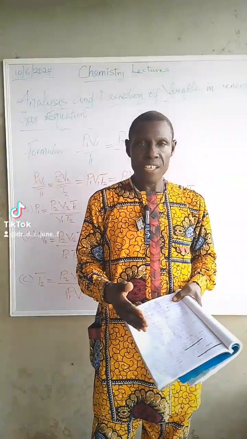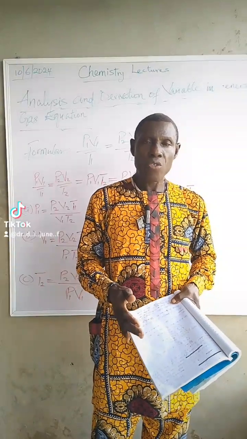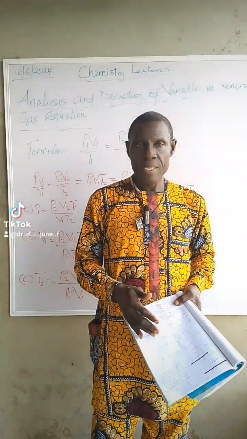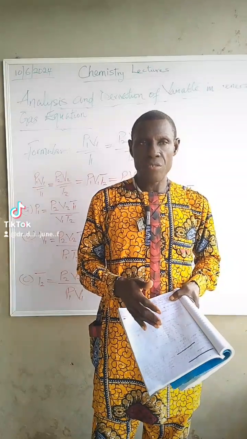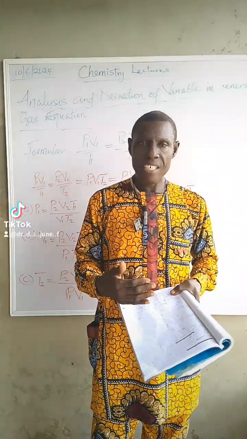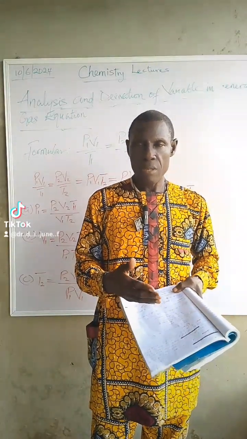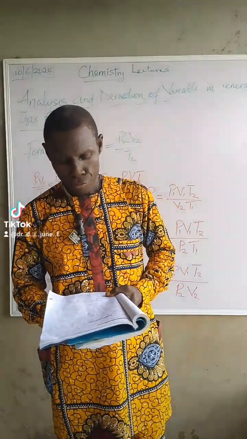So PV over T is a constant. We also ended by saying that the general gas equation shows a relationship between three important parameters, and these are the volume, the pressure, and the temperature.